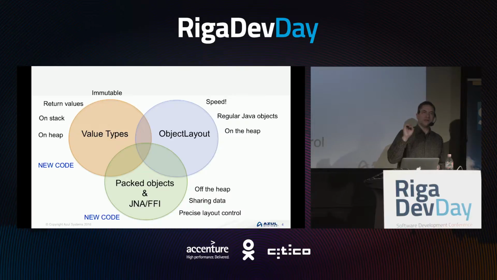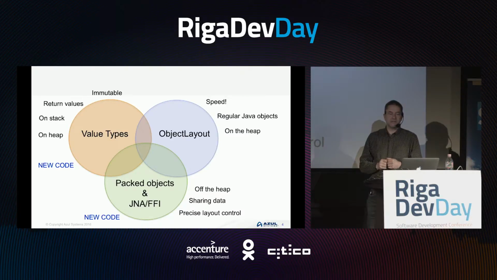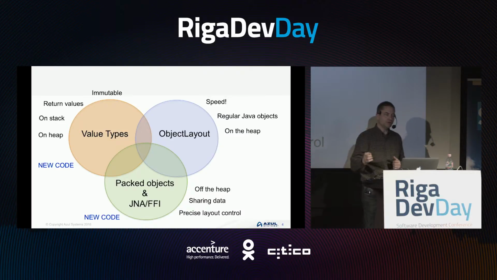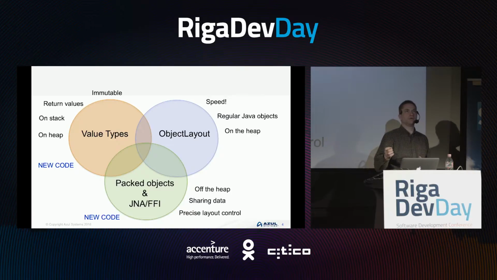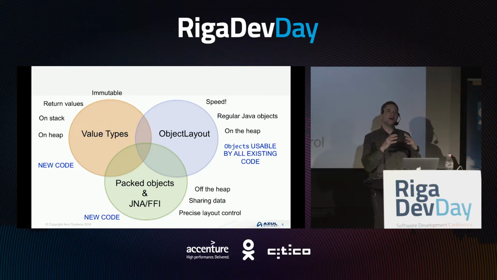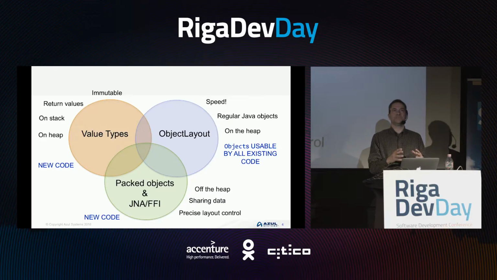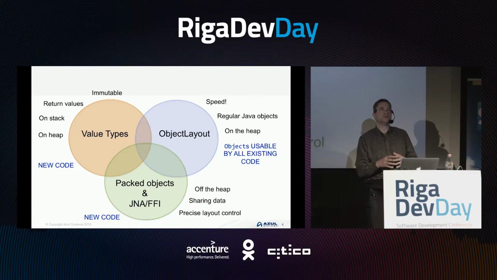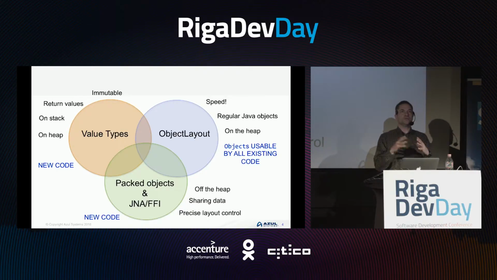If we look at object layout, the three things that I've already said: speed for regular Java objects on the heap. So it's really quite simple what we're trying to do with this. And it is that these objects will be usable by all existing code. So even though we provide a different type of collection, the code that you'll write will still be exactly the same.